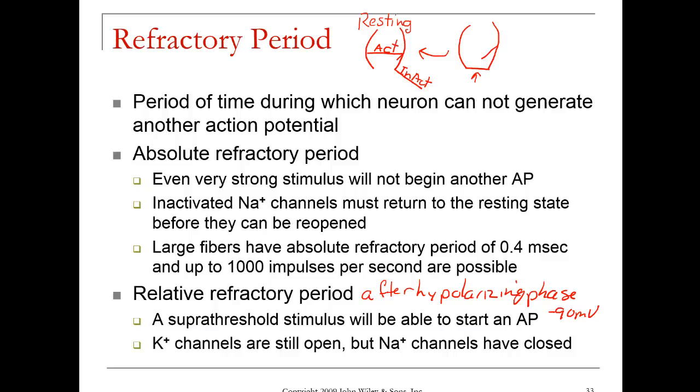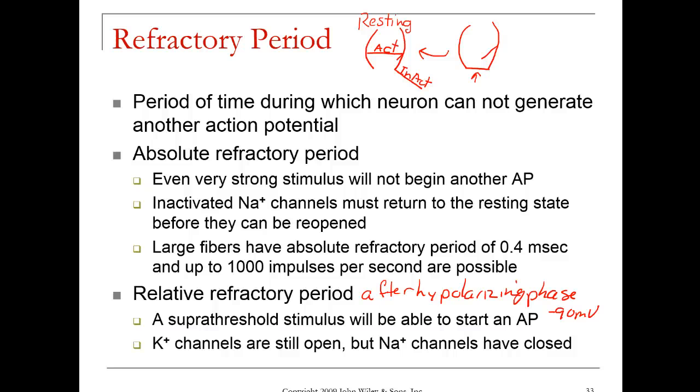But now if we're sitting at negative 90 millivolts, positive 15 is only going to get you, what, to negative 75 millivolts? That's not negative 55. You're not going to get an action potential. You would have to have a plus 35 millivolt change to get up to negative 55 millivolts.